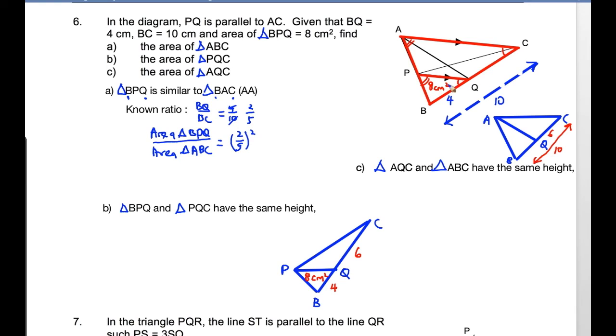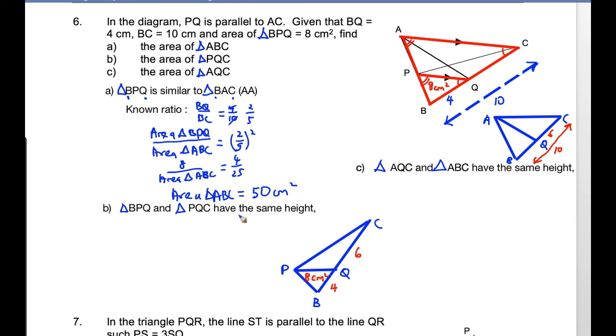Since we know the area of BPQ, which is 8, over the area of triangle ABC equals 4/25. And simplifying it, we have the area of triangle ABC is 50 cm squared.